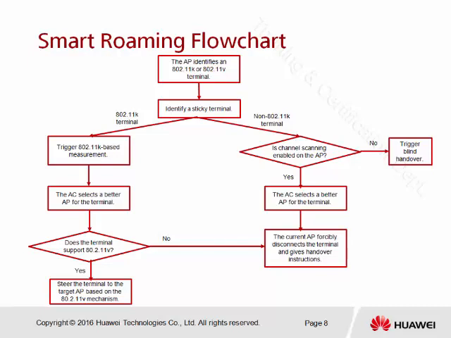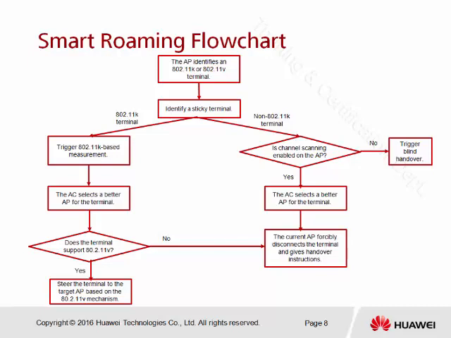This is how they form the roaming. They force the terminal to connect to AP number 2 instead of AP number 1. This only happens when the STA doesn't support 802.11v. If yes, it will steer the terminal to connect to the new AP instead of the previous AP. So there are two ways to force the STA to connect to the new AP.